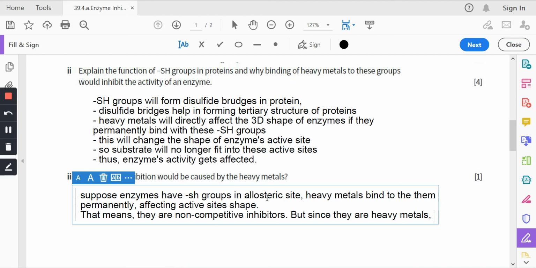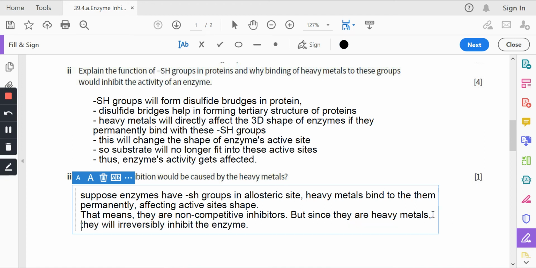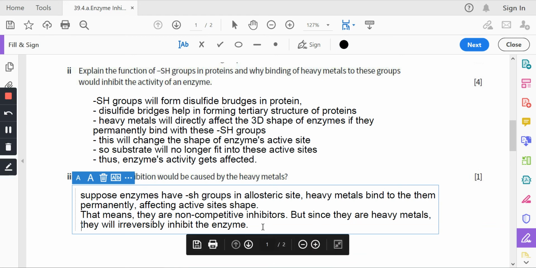But since they are heavy metals, what type of inhibition will they do? Will this inhibition get reversed? No, they are forming permanent bonds, so they will irreversibly inhibit the enzyme.